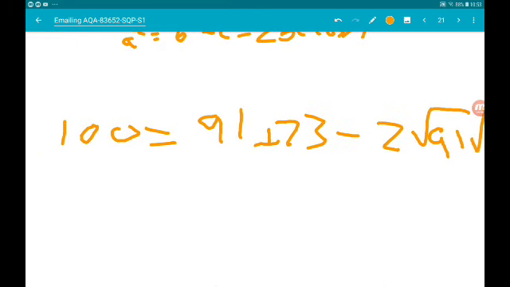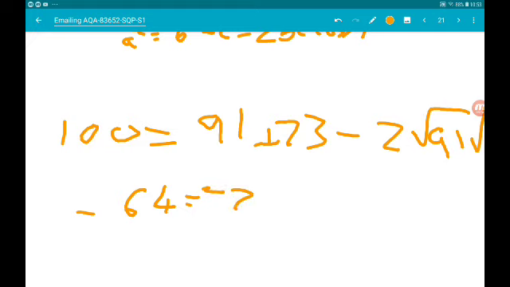So 91 add 73 is 164. So if we take that away from both sides, we go minus 64 is... No, it's not.